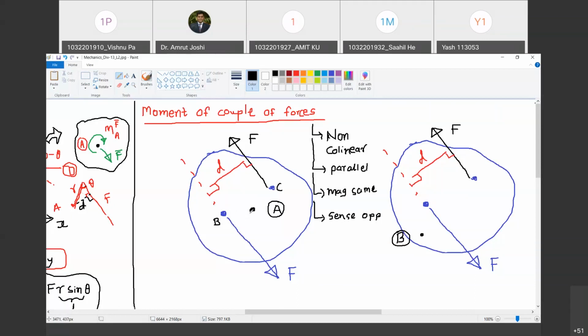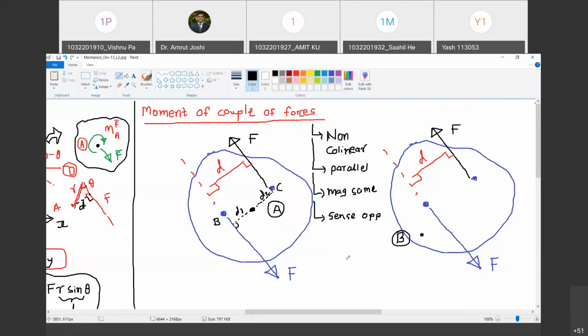So from A, if I drop a perpendicular on line of action of force F bar passing through B, I am going to call it as D1. This distance is D1. If I draw perpendicular on line of action of F bar which passes through point C, that perpendicular distance is D2.